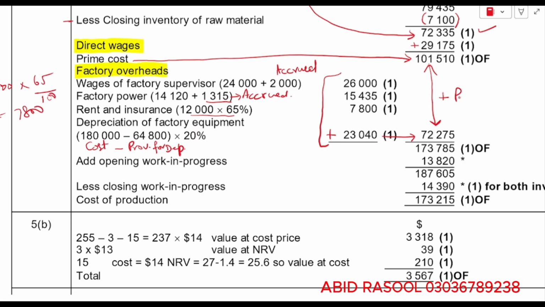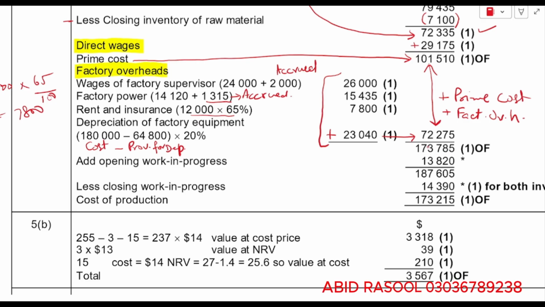We are adding prime cost and factory overheads. Okay, they are added, 101,510 plus 72,275, and 173,785 is the answer.